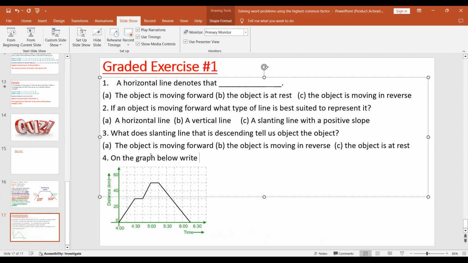F, B, R for the places where the object is moving forward, at rest, or backwards.